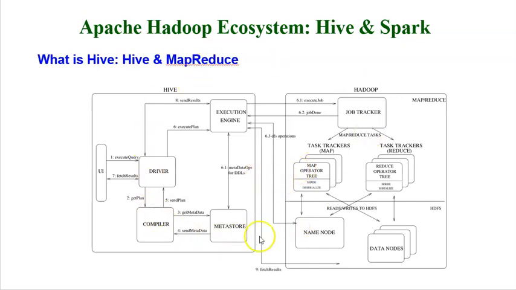And this diagram that describes how Hive works with MapReduce and HDFS shows us that there is a lot of communication, many steps working among these three entities to complete a query on data.